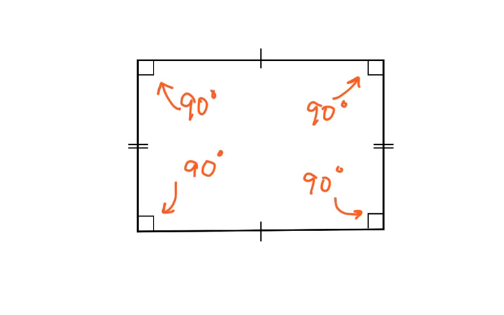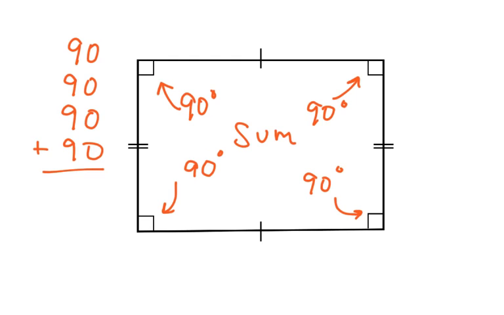Since in this quadrilateral we already have those measures, to find the angle sum we can just add up 90 degrees four times. All the zeros are still 0, and 9 four times is 36, and one more time we can see that we really will get 360 degrees.